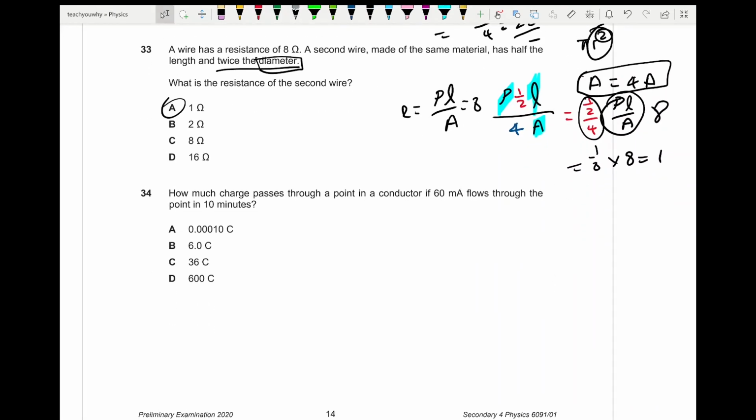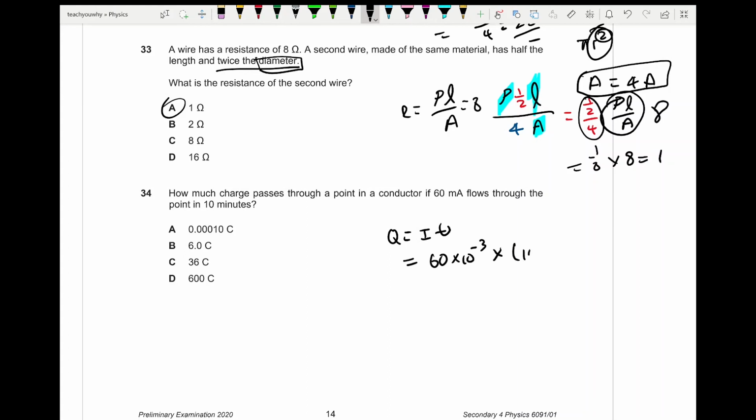Question 34. How much charge passes through a point in a conductor if 6 milliamp flows through the point in 10 minutes? So how to find charge? Q equals IT. So 6 times 10 to the power minus 3 times time.